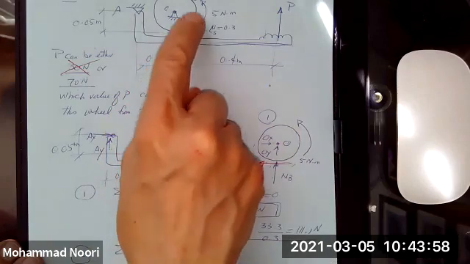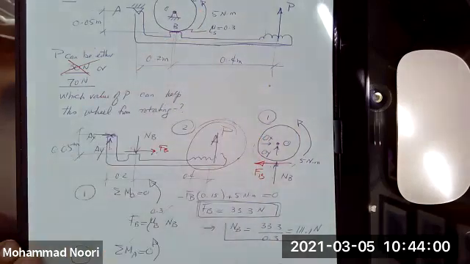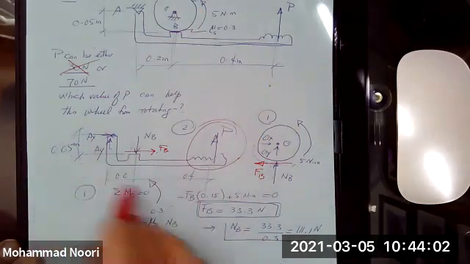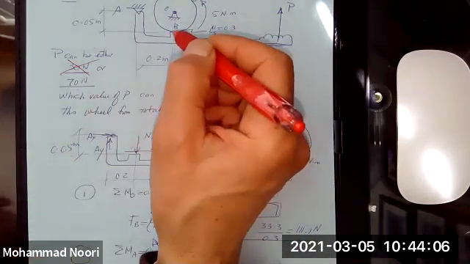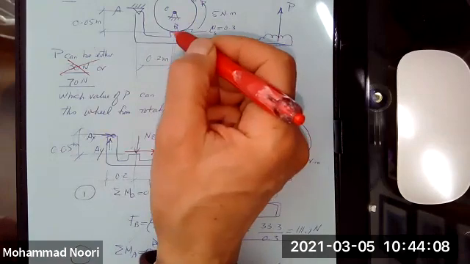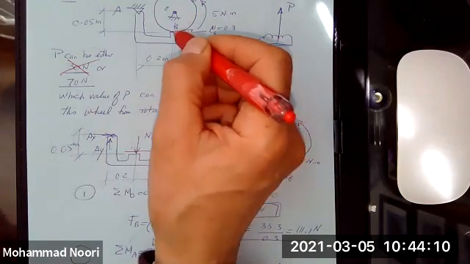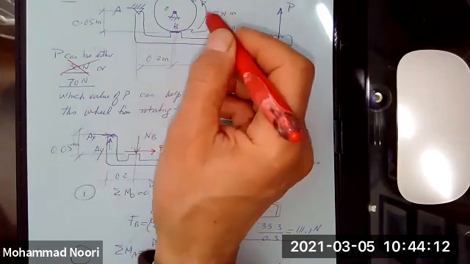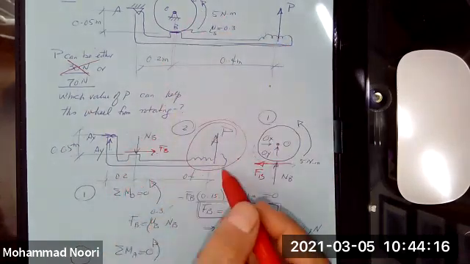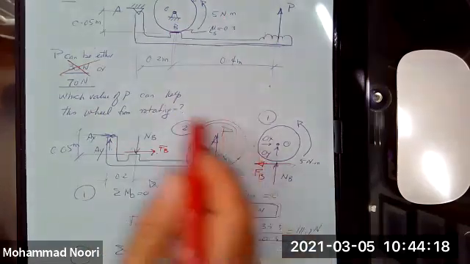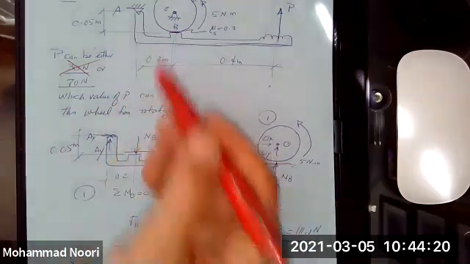So the only thing that disk does to this piece of the frame is due to the forces that develop between these two at this point. These forces develop as a result of this applied load, but that's all you have. So that's the free body diagram of that piece.